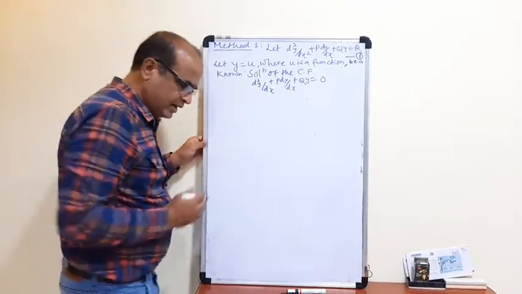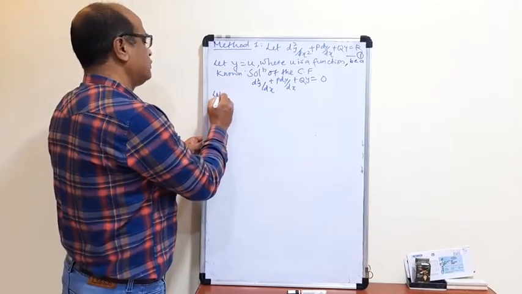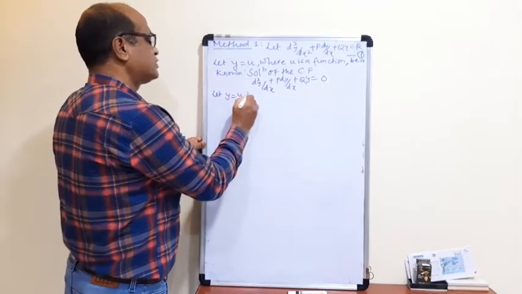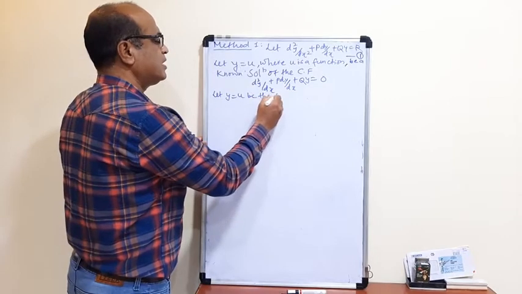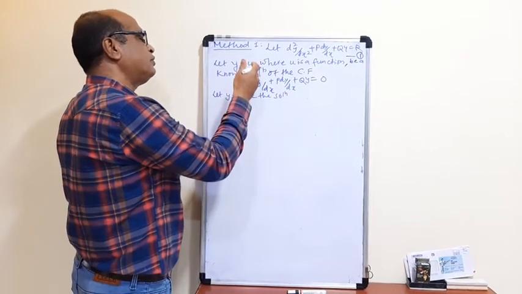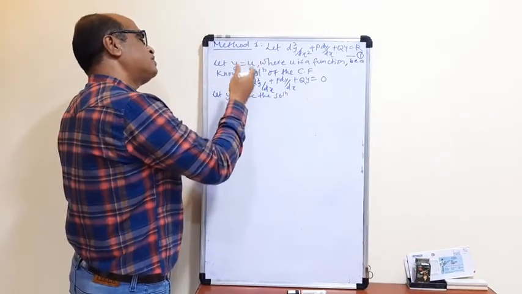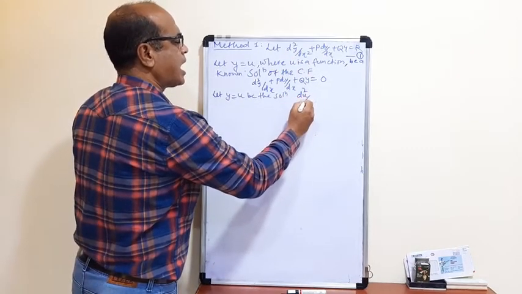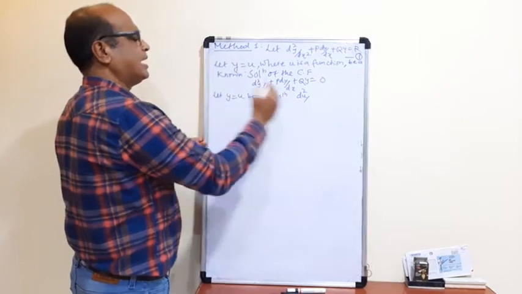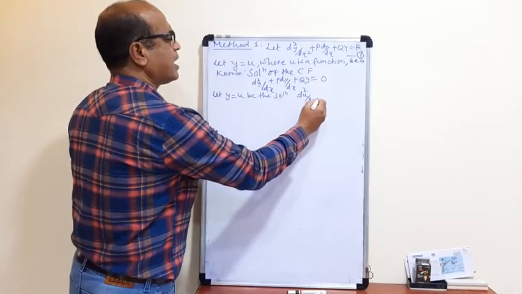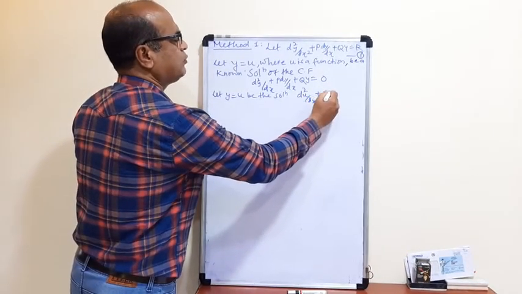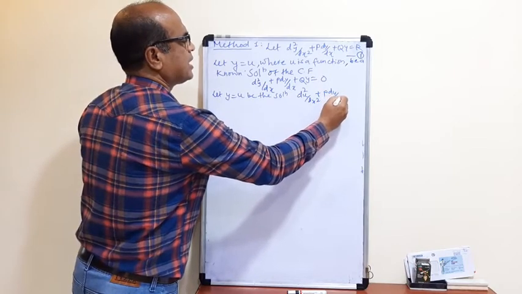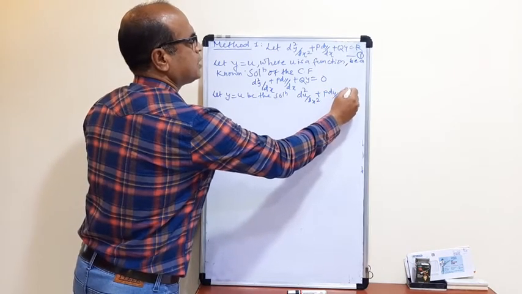So put y is equal to u: d2u by dx square plus p du by dx plus qu is equal to 0.